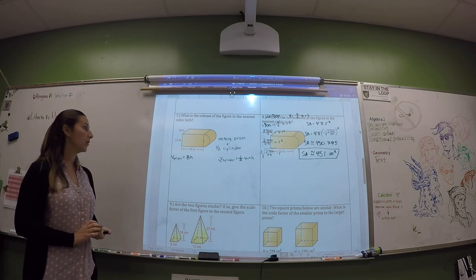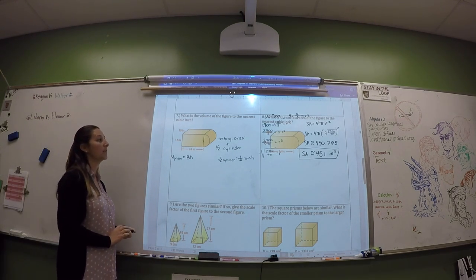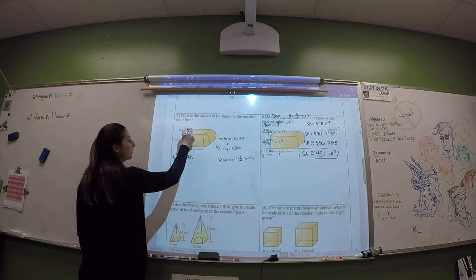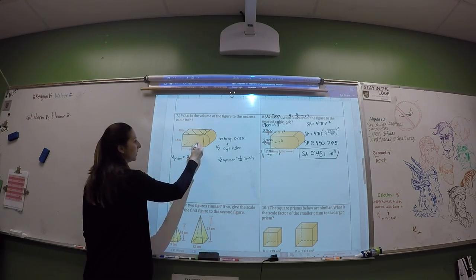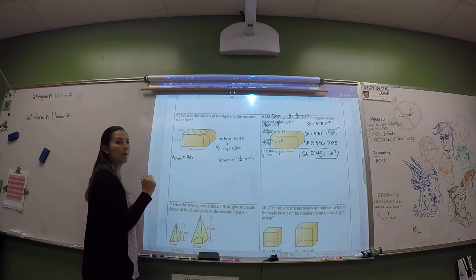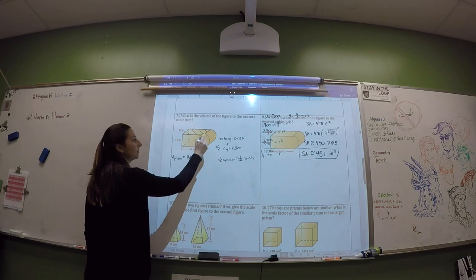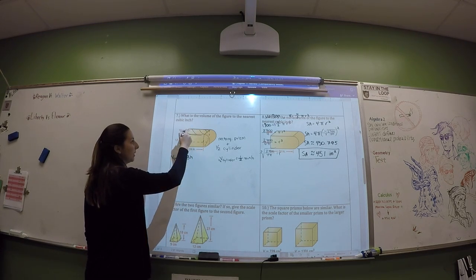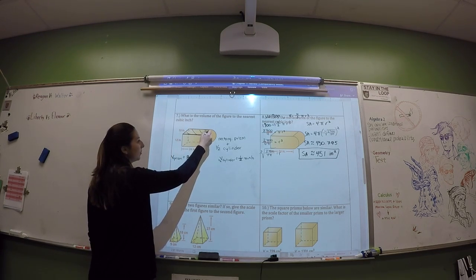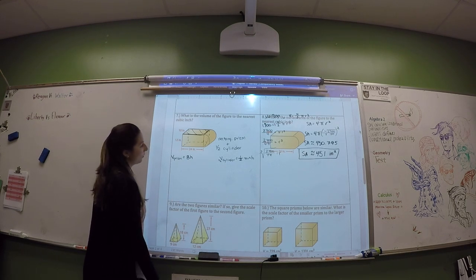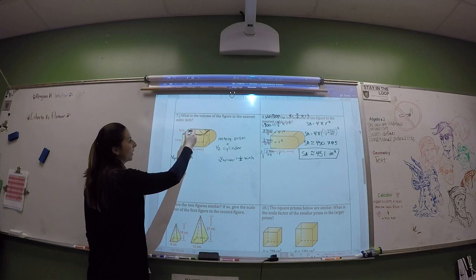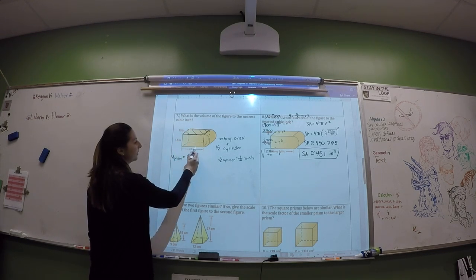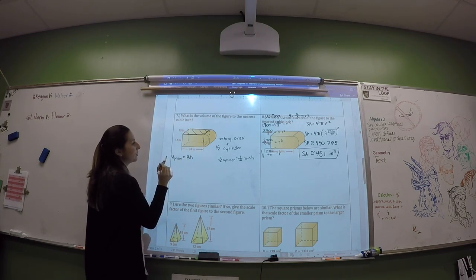Okay, let's start with the rectangular prism, because that's a little bit easier. This is the base, 10 by 24. It says down here that this is 24.